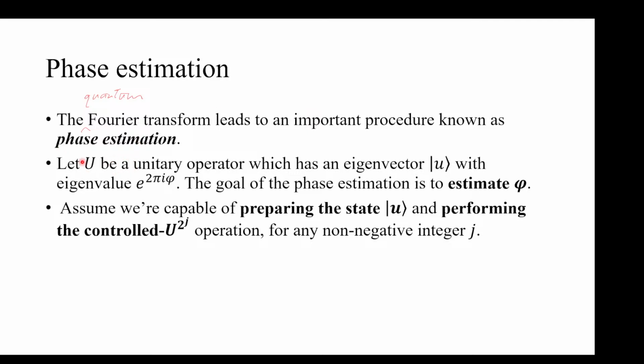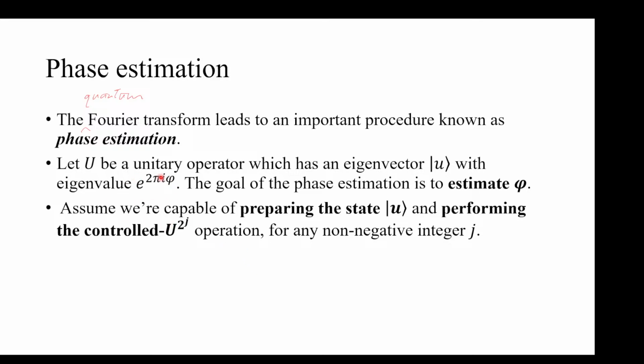If you have some unitary operator and some eigenvector of it, then because this operator is unitary, its eigenvalue is going to be of the form of a phase, e to the 2 pi i phi. Because the unitary operator cannot change the length of this eigenvector, it can only give a phase to this eigenvector.